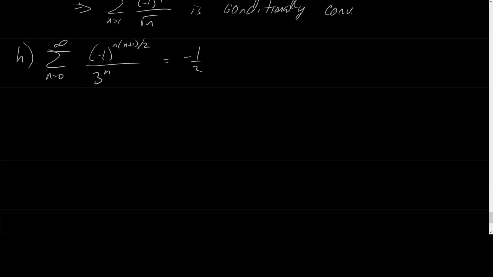This is -1/3 minus 1/9 plus 1/27 plus 1/81 minus 1/243 minus 1/729 plus, and so on and so forth. So this is not alternating because we have negative, negative, positive, positive, negative, negative, and we're going to have positive, positive again. It's not alternating at every single term, so that makes this not an alternating series.